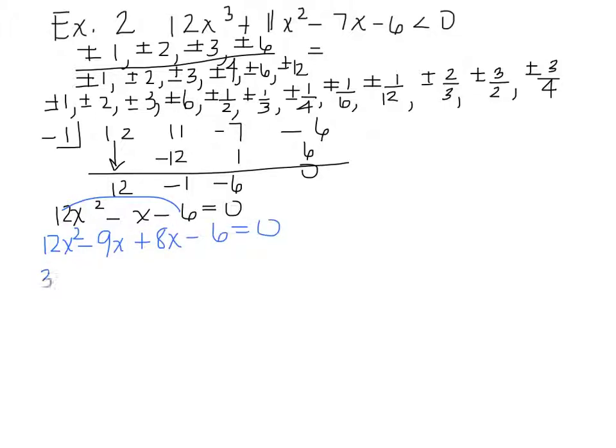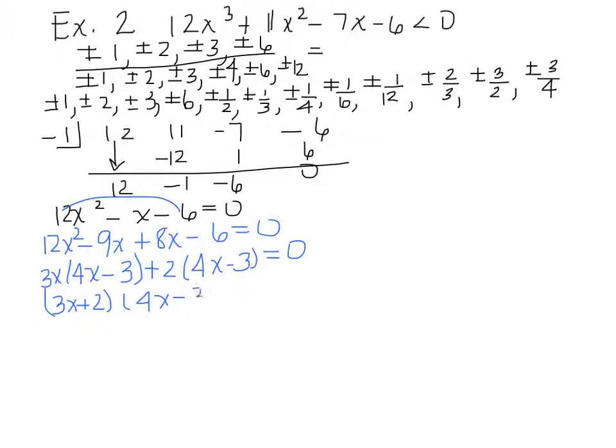So I'm going to take out a 3. And then here I'm going to take out a 2. So I have 3x plus 2, 4x minus 3, setting each one equal to 0, and get -2/3 and 3/4.